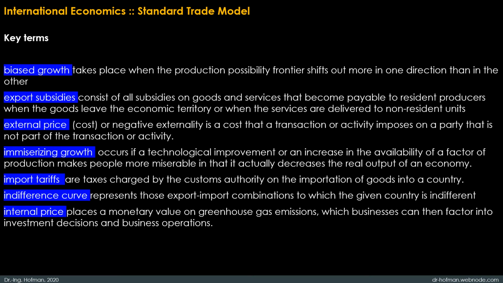An internal price places a monetary value on greenhouse gas emissions, which businesses can then factor into investment decisions and business operations. Companies use internal pricing as a strategy to manage climate-related business risk. It is called internal carbon pricing, and it also helps to prepare for a transition to a low-carbon economy.